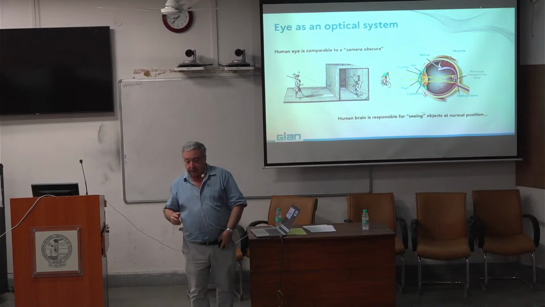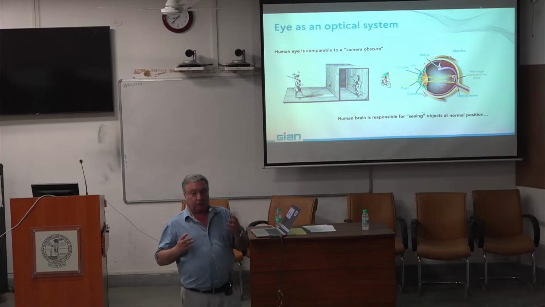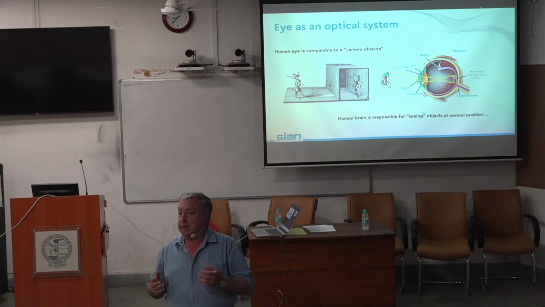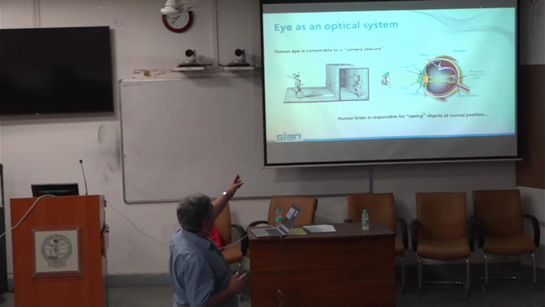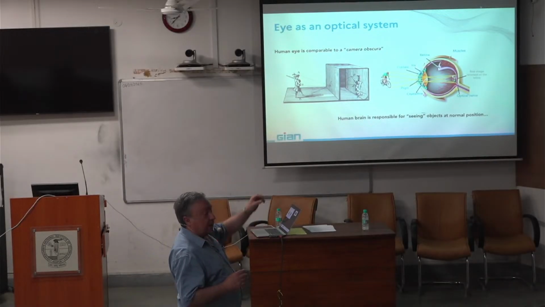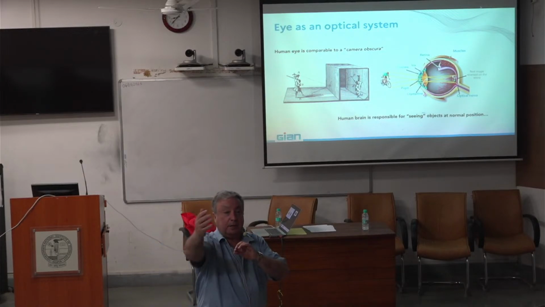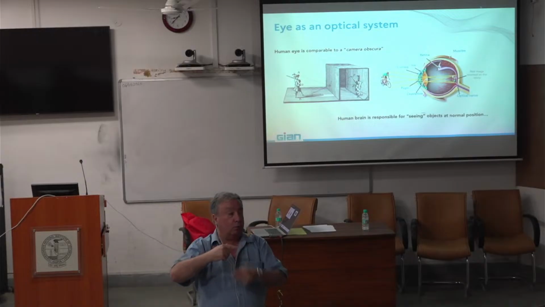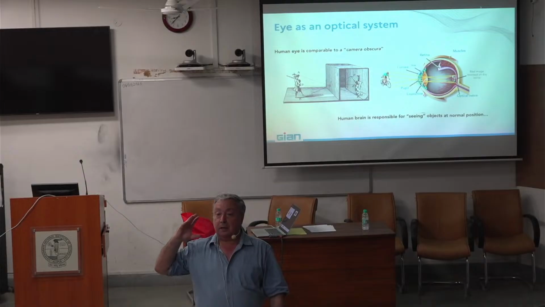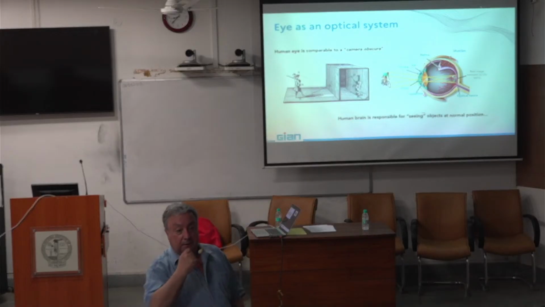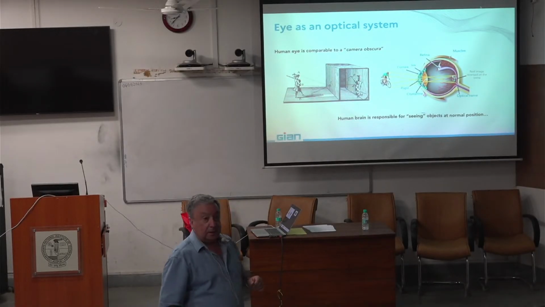First of all, if we take our eye and we look at it closely, it's very similar to a very simple optical system. In fact, you have a small hole, you have an object, and the light passing through the small hole will create an image, plus or minus precise, at a given distance from the object.